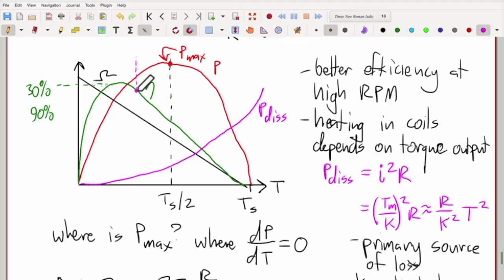If your motor is applying this much torque, you're okay. But anywhere to the right of this line, this is meltdown. So you often cannot run the motor continuously above the max power. You have to keep it below this thermal limit dictated by the amount of torque you're applying.